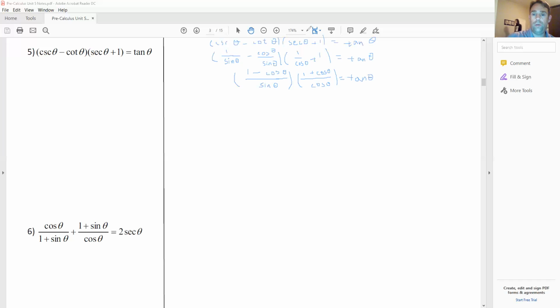And again, if you're having a little trouble seeing that, let me see if I can't split that up a little bit more for you. 1 over cosine theta plus 1. I can put that over 1 and multiply top and bottom by cosine theta over cosine theta. And that's where I end up with my 1 over cosine theta plus cosine theta over cosine theta.